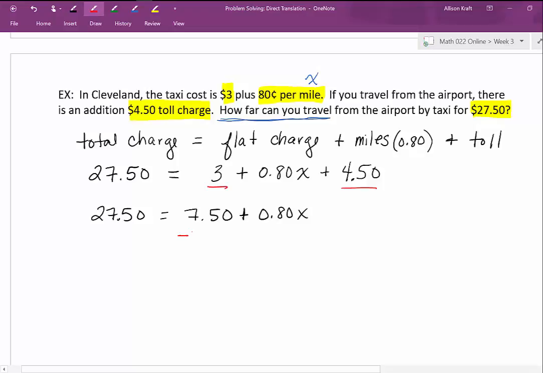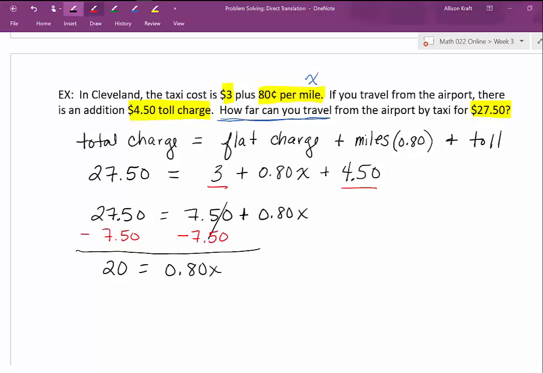I'm going to subtract 7.50 from both sides. That gives us 20 is equal to 0.80x. The last thing we need to do to solve for x is divide by its coefficient. We end up with 25 is equal to x.